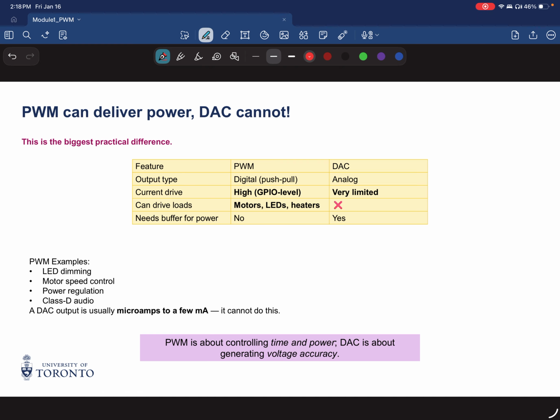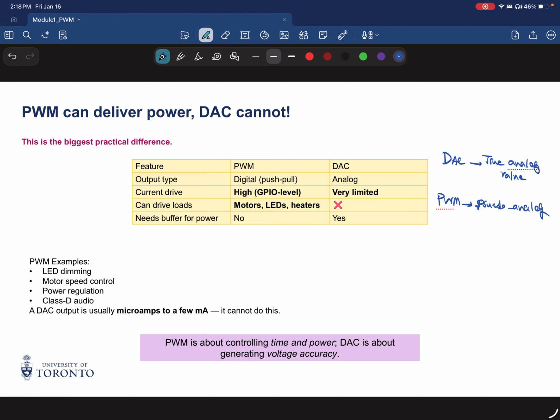So you might ask, well, if I have a DAC delivering the true analog value, then why would I need PWM, which is kind of like a pseudo analog or analog-like?